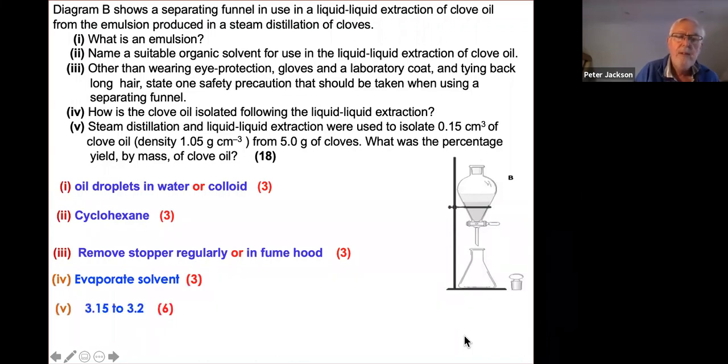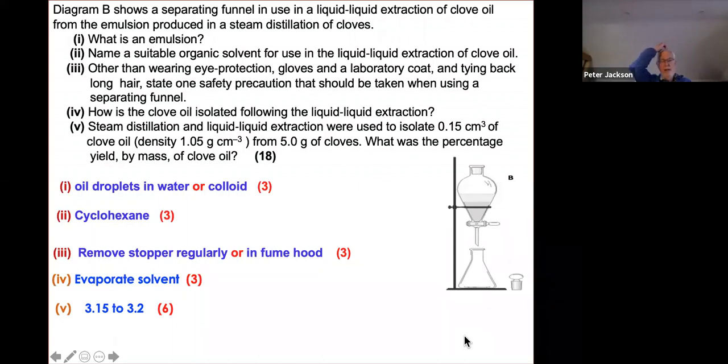And then 5, steam distillation and liquid extraction were used to isolate 0.15 cm cubed clove oil, density 1.05 grams per cm cubed, from 5 grams of clove oil. What is the percentage yield by mass of clove oil? Now, this is a favourite type of question in the organic practical.